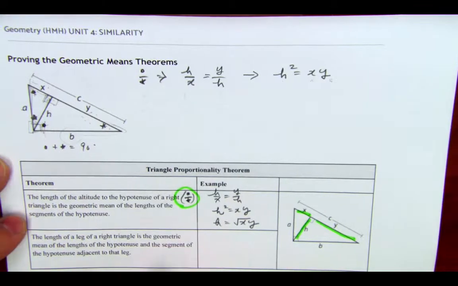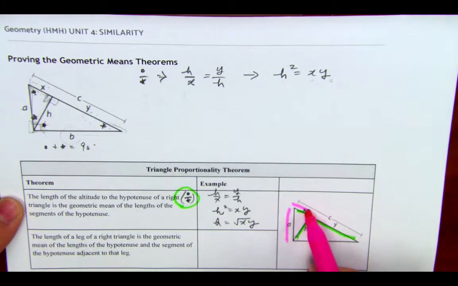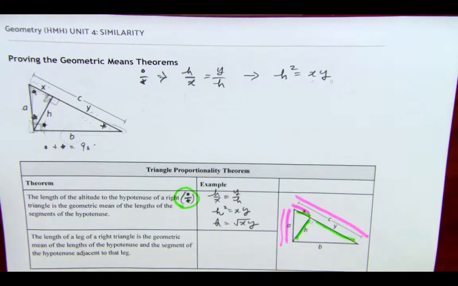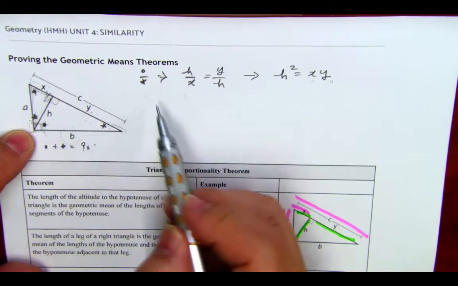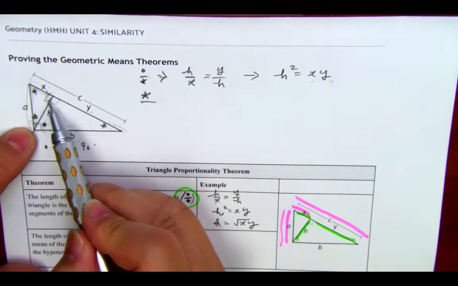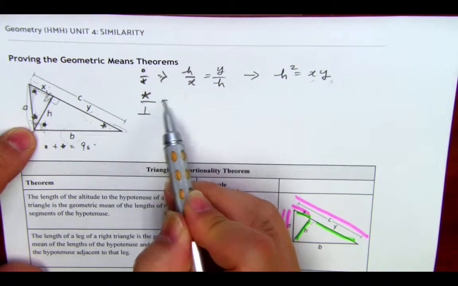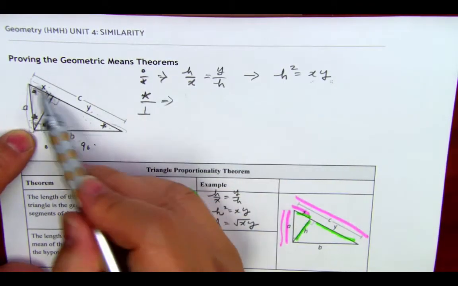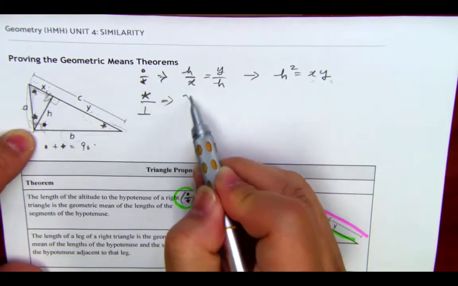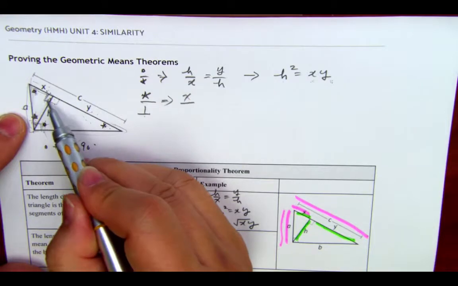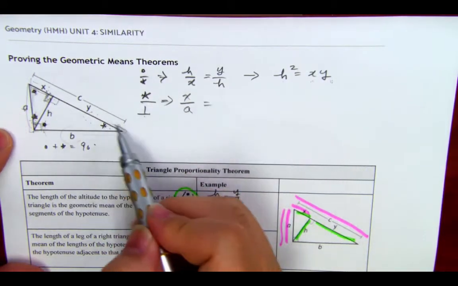For the next one, the next useful shape comes across when you compare this to this with this to the whole thing. And let's see what that is in a second. In this particular case, this side is opposite of the star, and this is opposite of the right angle. So if you look at this small triangle right here, guys, opposite of the star is x, opposite of the right angle is a, and what we do is we go with the big triangle.